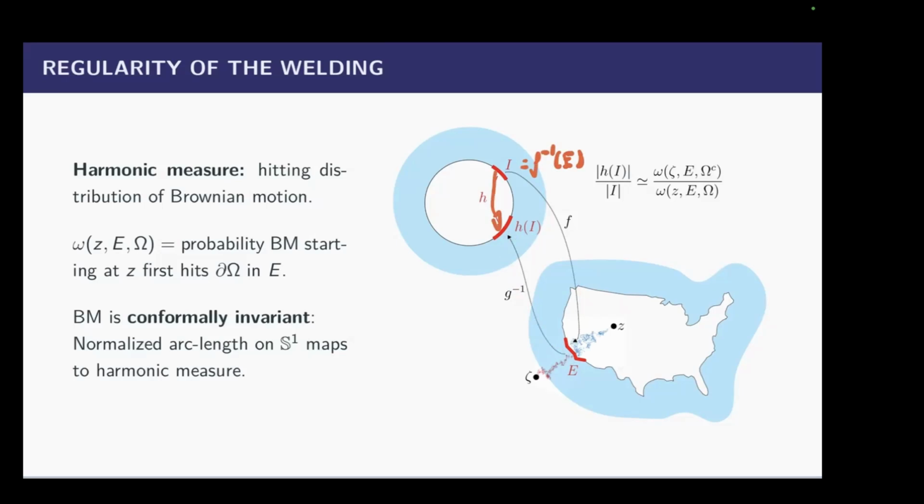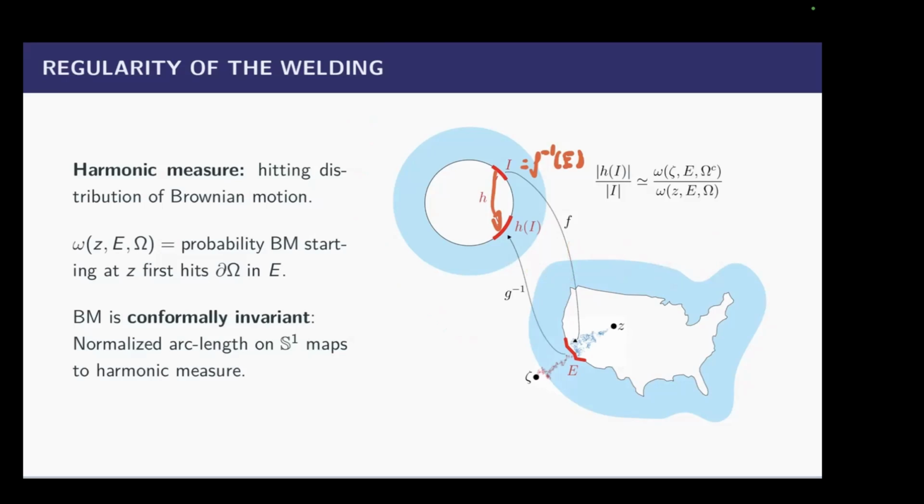And now, by conformal invariance of Brownian motion, the length of this interval is the harmonic measure with base point chi, which is the one that is mapped to by infinity, of the set E with respect to the domain, the complement of this Jordan curve that is the component that is unbounded.